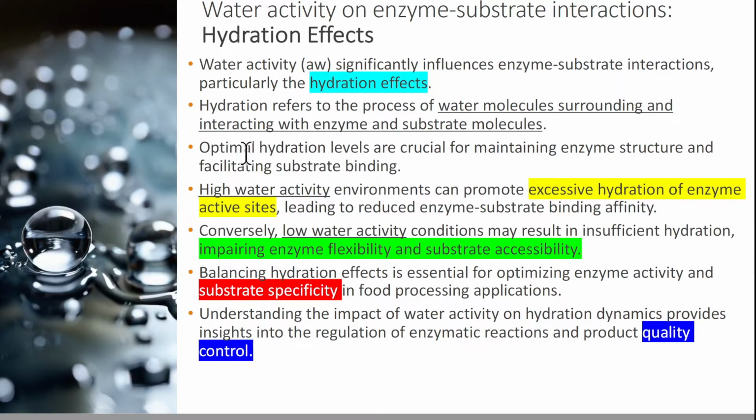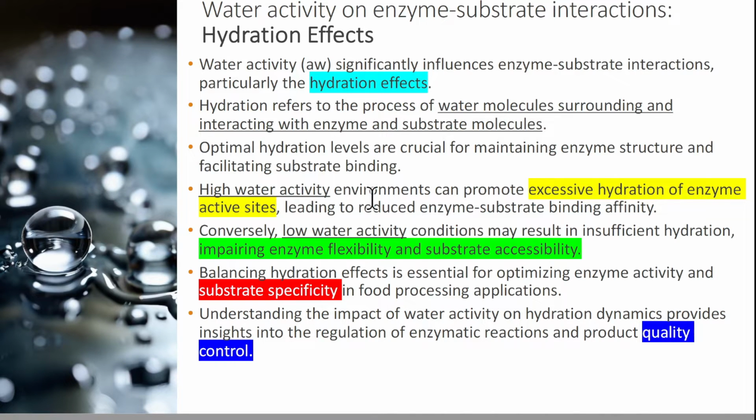Higher than this optimal value, the enzyme binding with the substrate may reduce, and if it is less than the optimal range, then it also affects the enzyme and substrate binding. That's why they use the word optimal here.